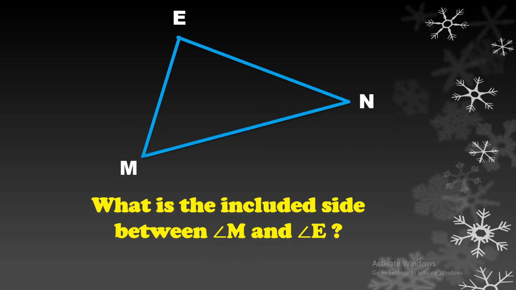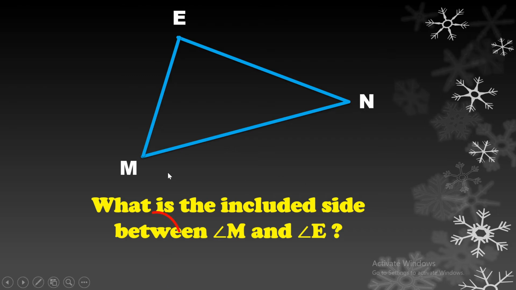Next, we proceed to the included side. What is the included side between angle M and angle E? For included side, it is the side common to the given two angles.